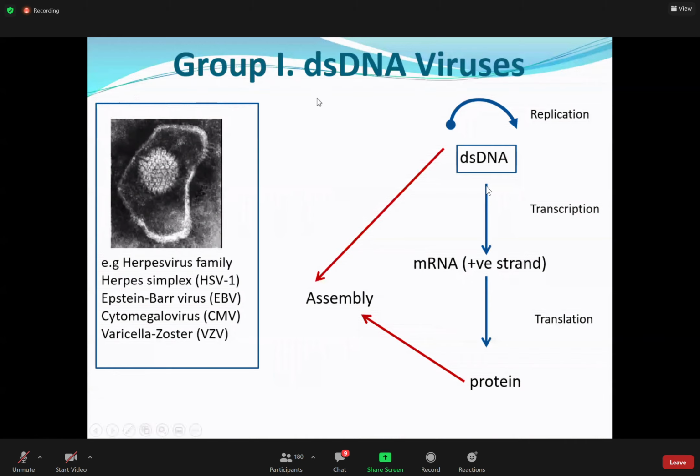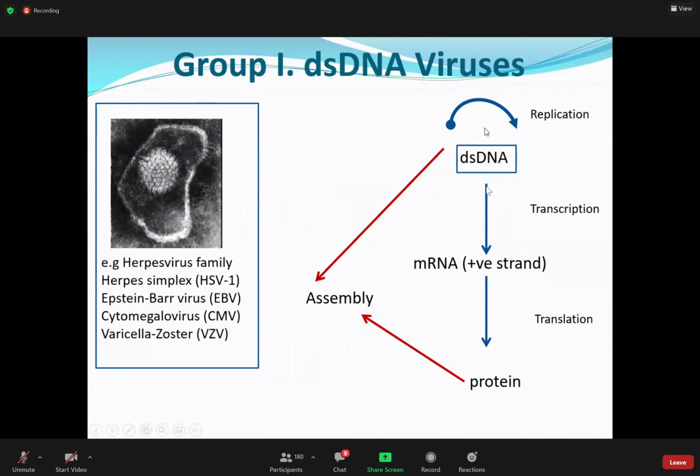So these DNA viruses behave like a eukaryotic cell, where it's a double-stranded DNA virus. It undergoes replication to create more double-stranded DNA, just like a cell does, using the same polymerase enzymes.